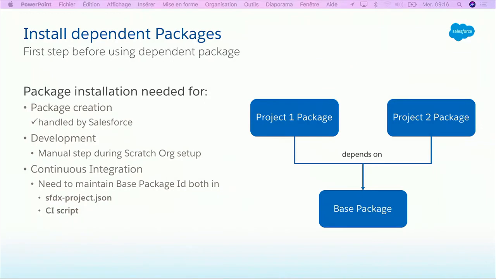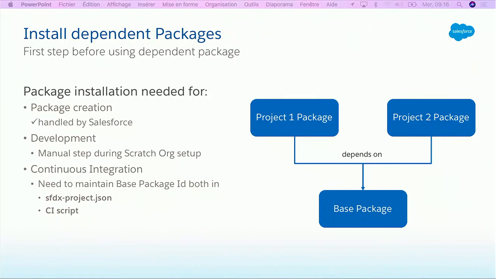This is, so far, in this JSON file, only used by Salesforce, which is when you create a package, I will create a new version of my project 1 package. Salesforce will have a look at the dependencies and create the new unlock packages by checking that the dependencies are correct and that no metadata is missing.